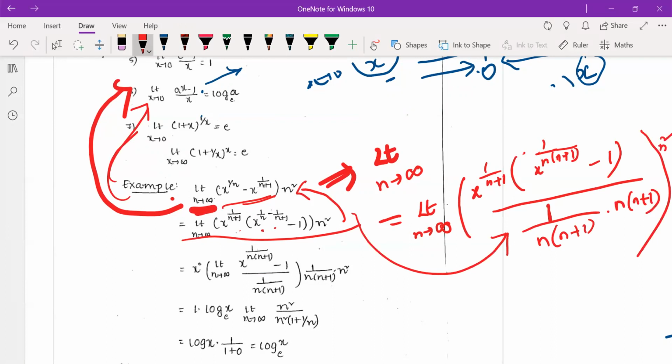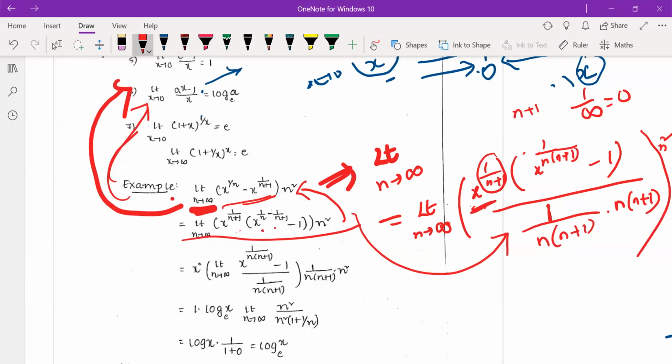Next, this one becomes finite when n tends to infinity, x power 1 by n plus 1. Infinity plus 1 is also infinity. Infinity is so big a value that even if you add a small number, it will remain infinity. So n plus 1 is also infinity. 1 by infinity is 0. So x power 0.